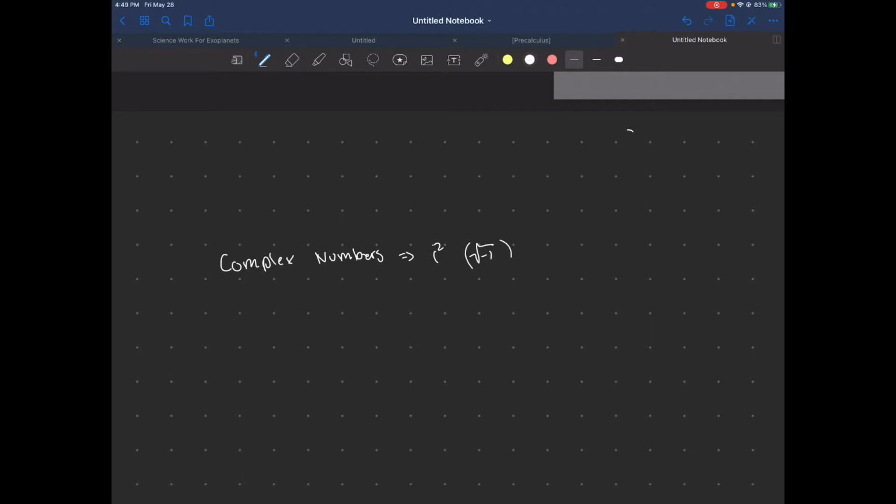But if we square the actual square root, what will we get? Will we get -1? Will we not get -1? It's very hard, and we just group it by saying i to the power of 2.